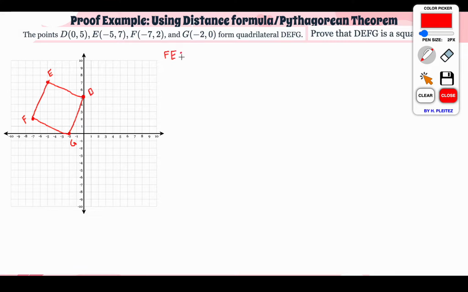The same way that we recommended you do slope, the organization and the process is going to be the same for the distance formula. So you've got to write your points out. Point F is negative 7, 2. Point E is negative 5, 7.